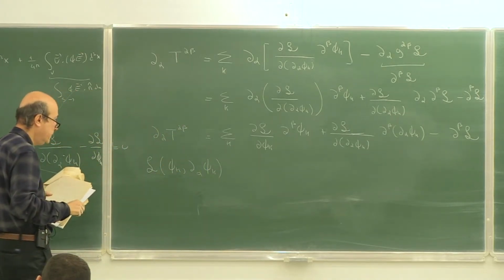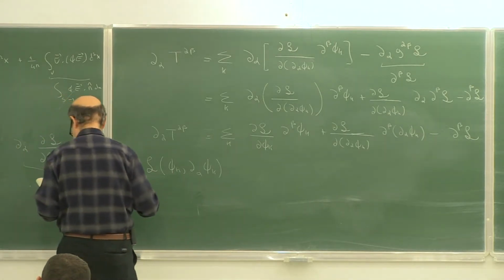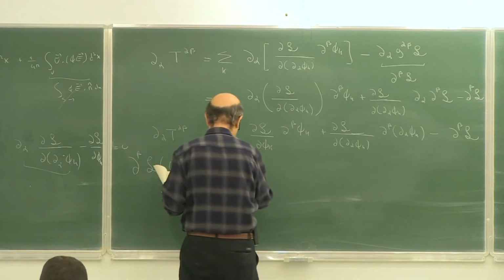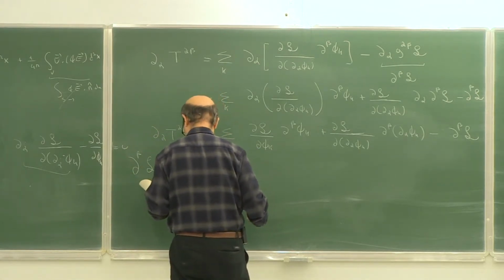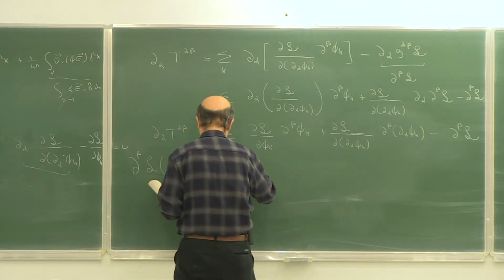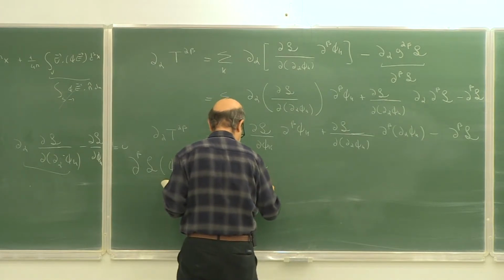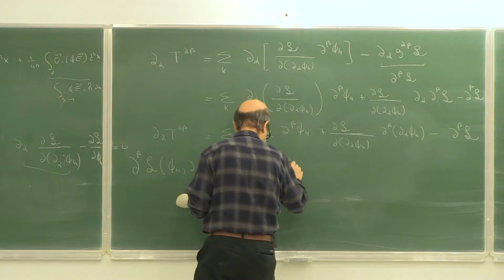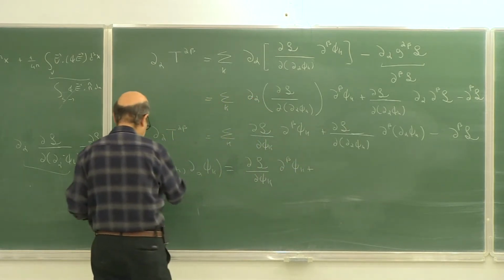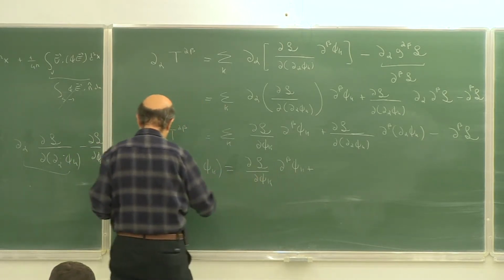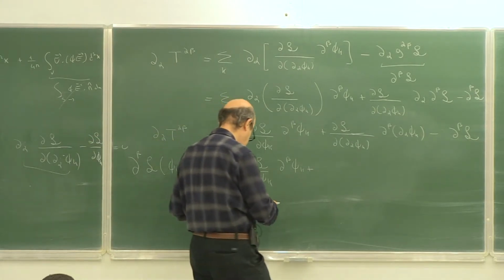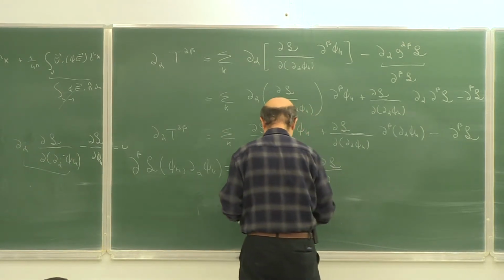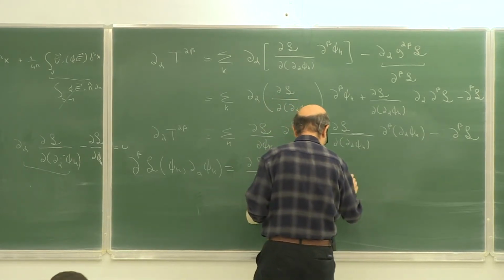Consider any Lagrangian which depends on the fields and the derivative of the fields. If you take the derivative of this Lagrangian density, that is equal to del Lagrangian density with respect to del V_k, times del beta of V_k, plus del Lagrangian density over del of del alpha V_k.